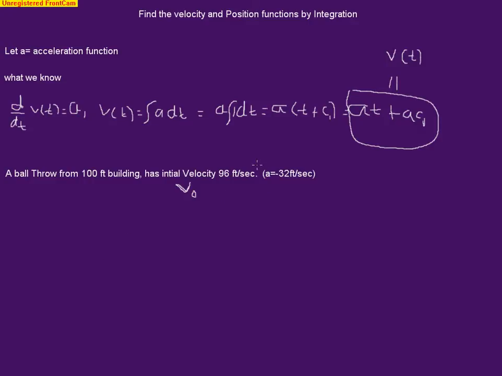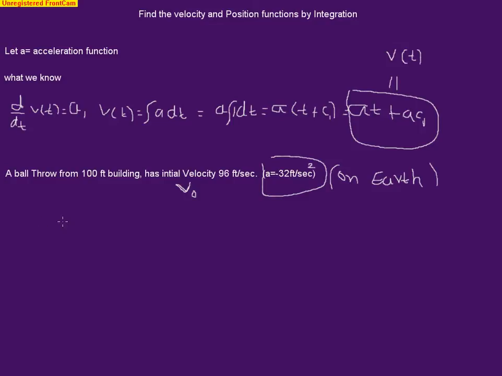And from this we know the acceleration, I forgot to mention, on Earth is constant, which is negative 32 feet per second squared. Okay, so let's find the velocity function out of this.